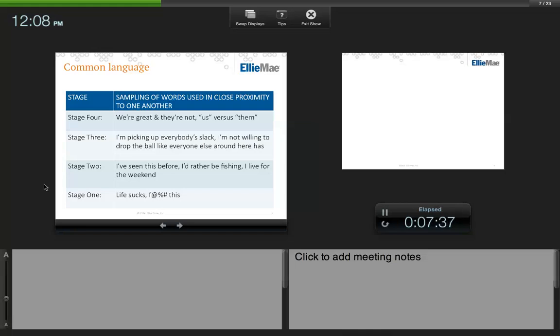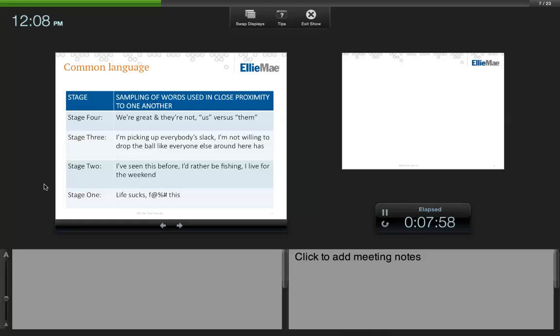Stage four teams, however, they have this belief that they are great. Only thing is, for them to win, they need to be better than the others. So we're great and they're not. And it's an us versus them attitude. But that's okay. If you need somebody to compete with, to be the best you can be, that's okay.